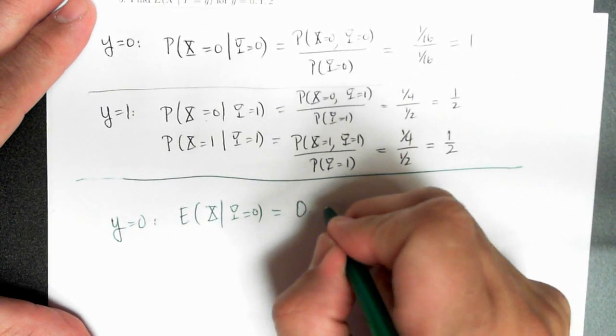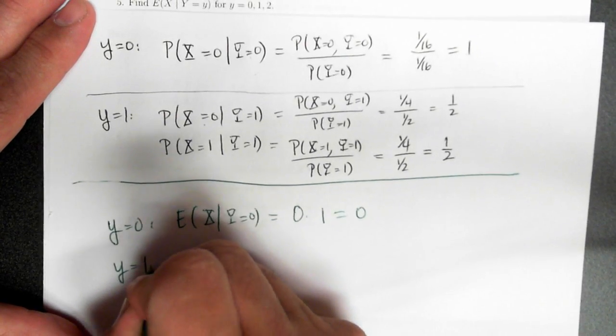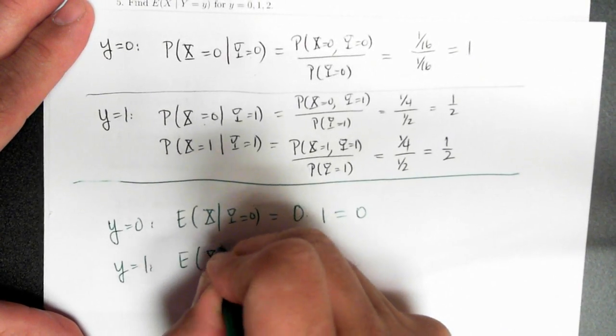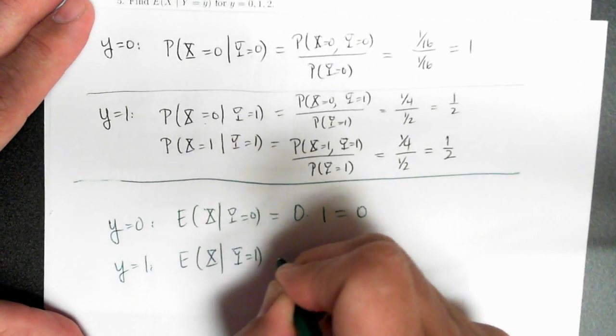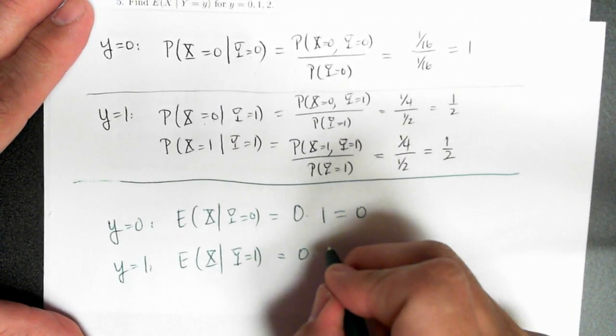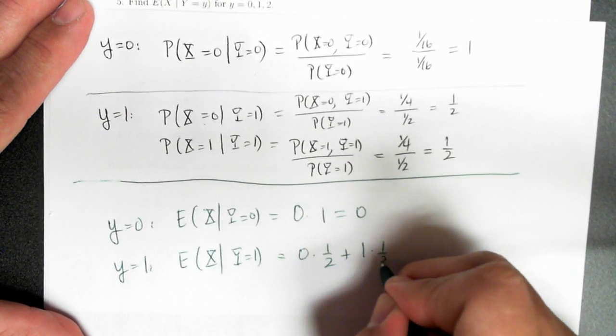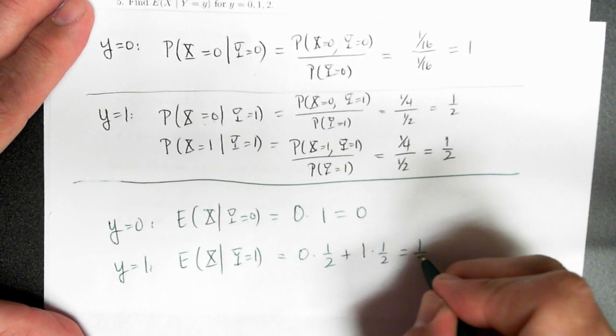The probability of it happening is 1, so it's simply 0. If y equals 1, the expected value of x given that y equals 1, well, there are two possibilities, 0 with probability 1/2 and 1 with probability 1/2, and so that's equal to 1/2.